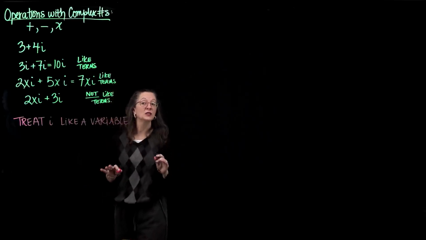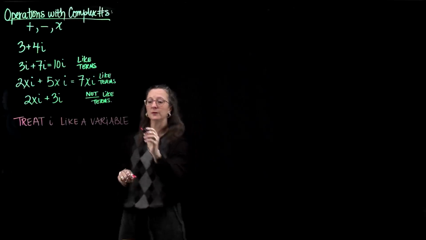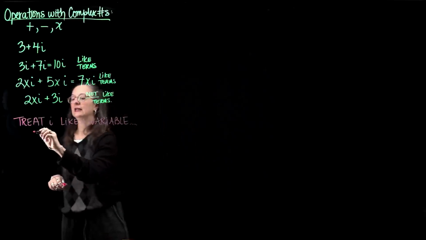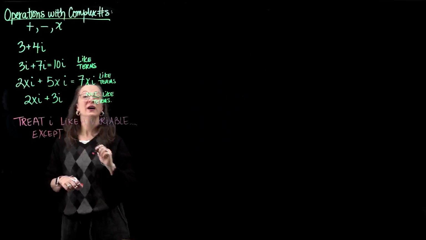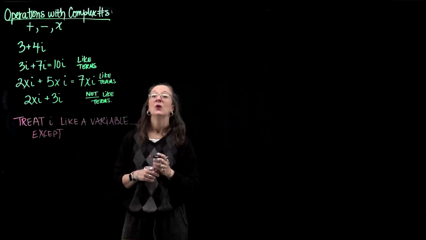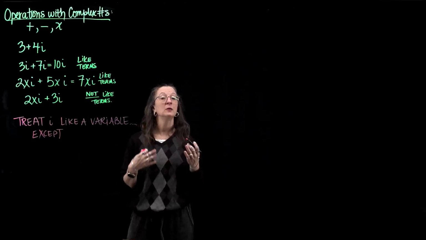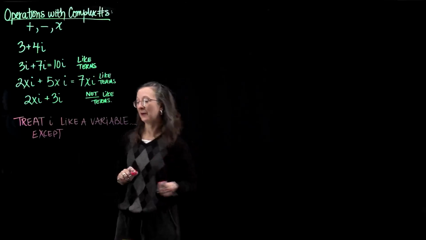Meaning we can add, subtract, and multiply it just like it's a variable, except for one important case. We never want to leave anything bigger than i to the first power.